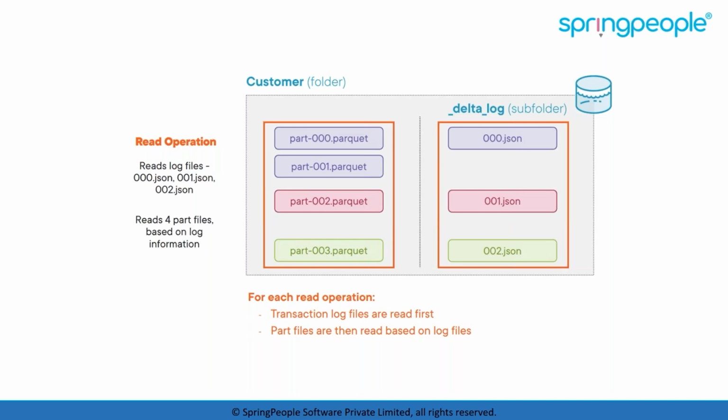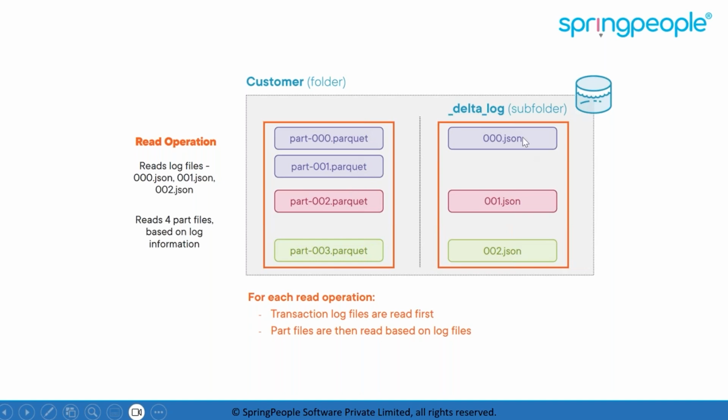So whenever some user wants to read this customer data from the folder, as a first step, it will go to this delta log. It identifies the JSON file and reads the JSON file, and finds out 000.json. It will have two partitions. Okay, let me read these two parts. And then it will have another one.